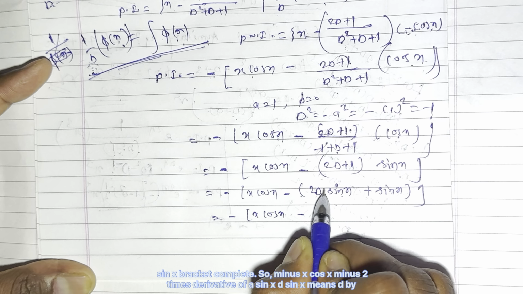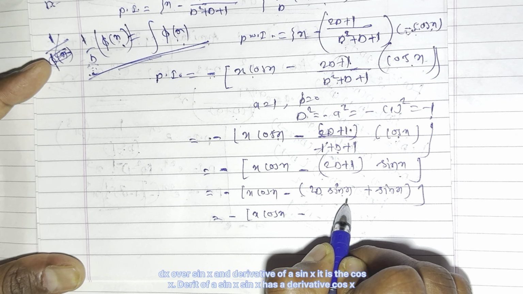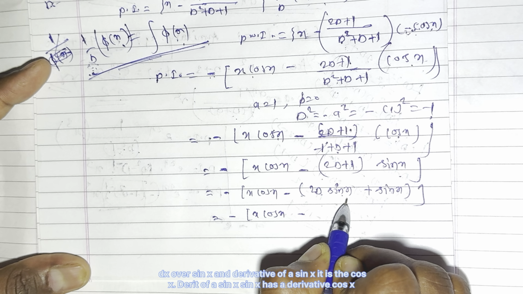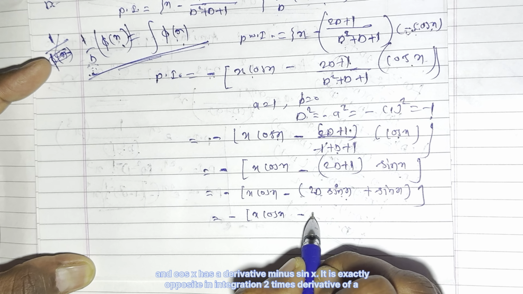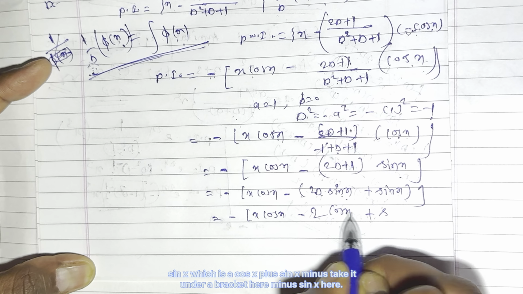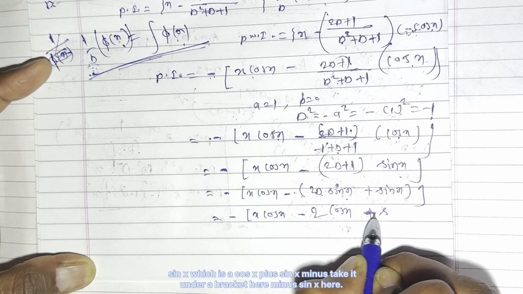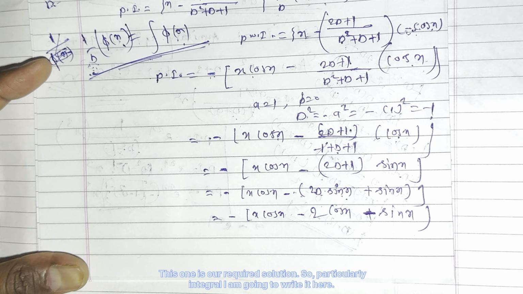D sin x means d by dx of sin x, and the derivative of sin x is cos x. Sin x has the derivative cos x, and cos x has the derivative minus sin x. It is exactly the opposite in integration. So 2 times the derivative of sin x, which is cos x, plus sin x, minus, take it under the bracket here, minus sin x here. This one is our required solution.